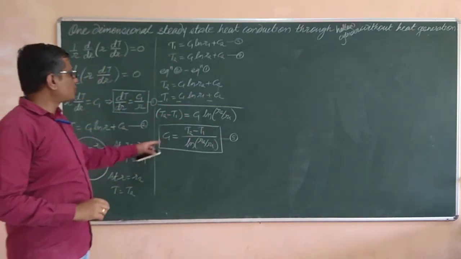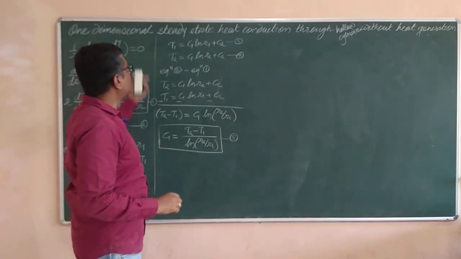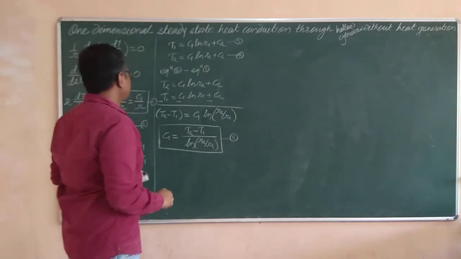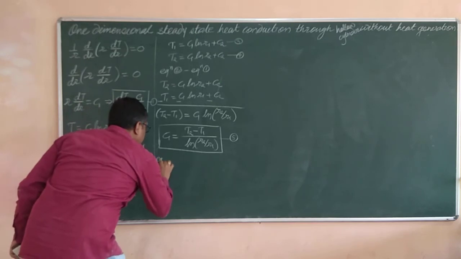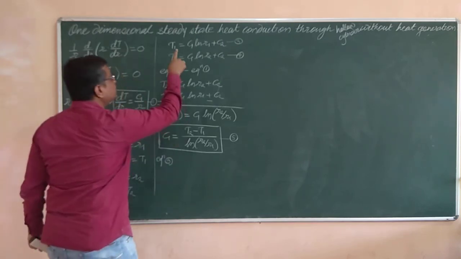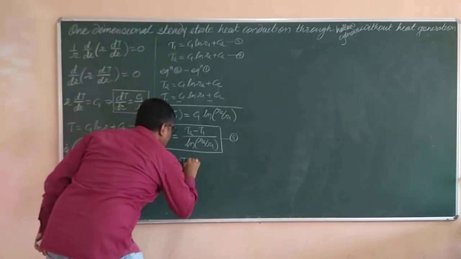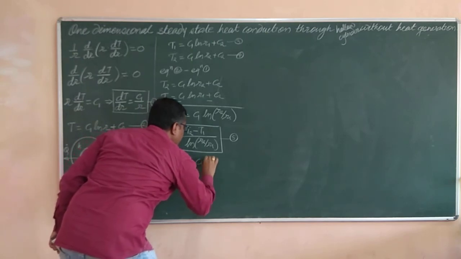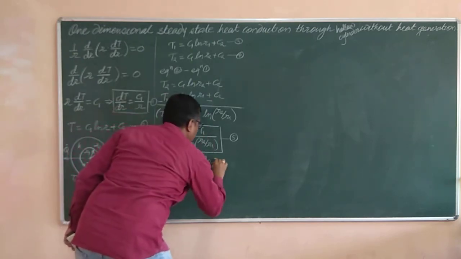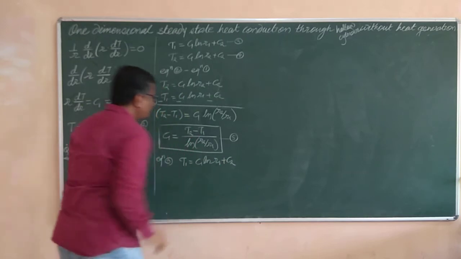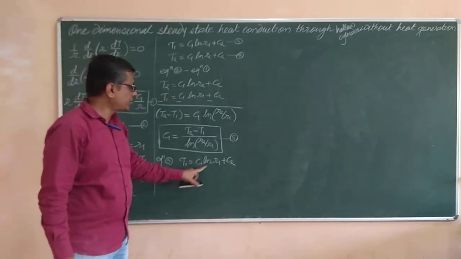Now put this value of the constant into either equation number 3 or 4, say equation number 3. What is equation number 3? It is T1 equals C1 natural log of r1 plus C2. If you put the value of C1 in this equation, you will get the value of C2.